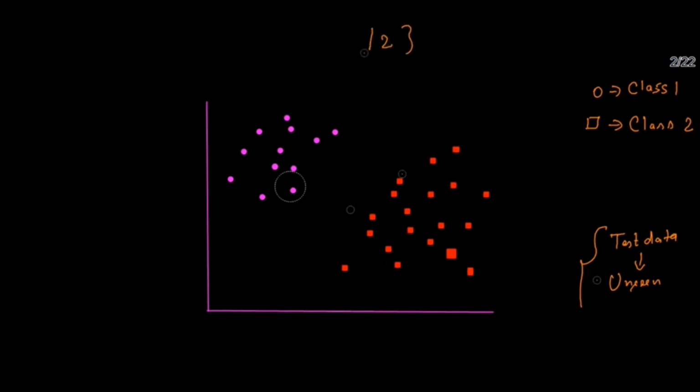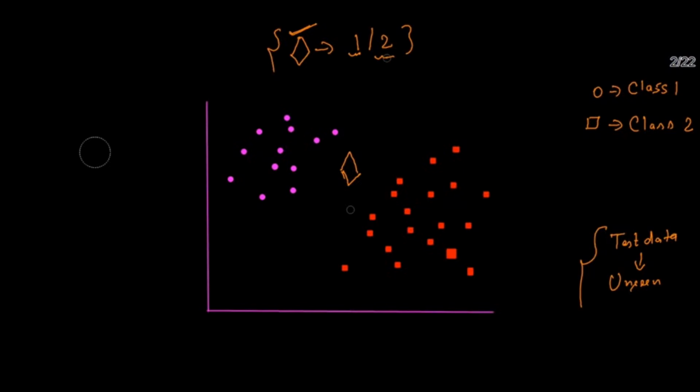It will belong to class 1 or class 2. So just think how you can predict to which class this data point belongs. Definitely if you are going to use KNN over here, this use case is just a piece of cake.